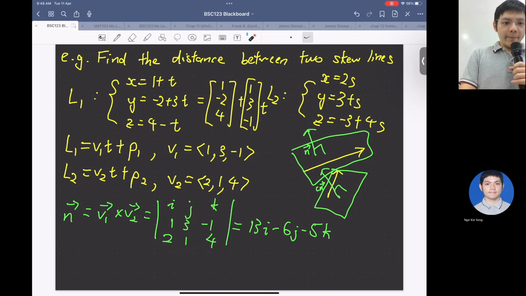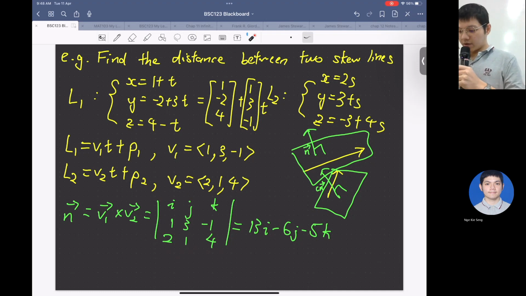What else do we need to get? For a plane, we also need a point. Do you want a point from L1 or from L2? Whatever, choose one. L2, okay, let's pick L2.